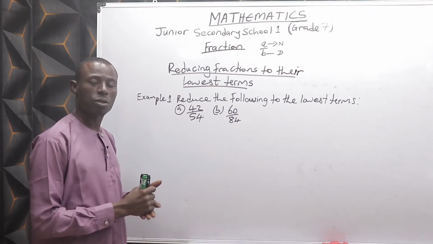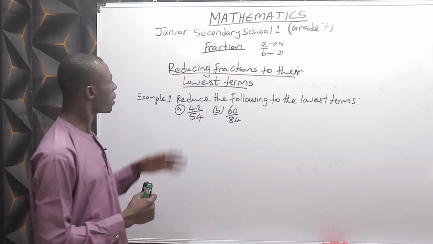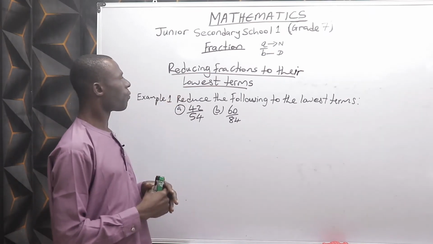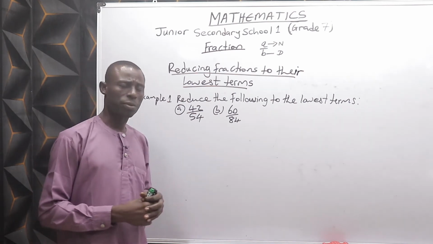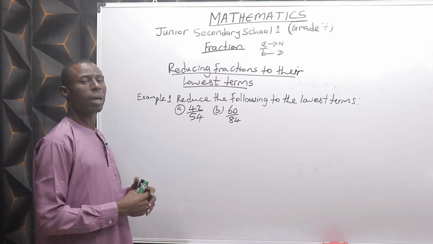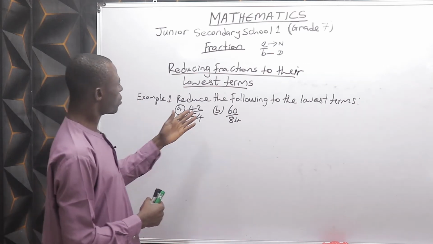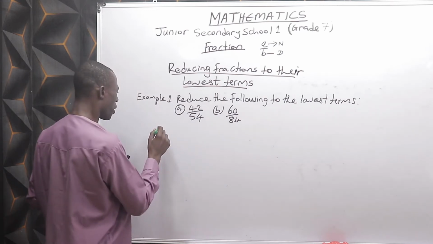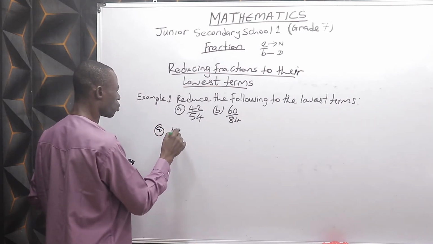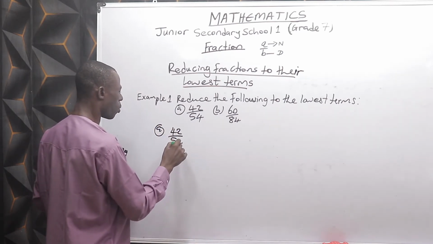The next concept in fractions is reducing fractions to their lowest terms. Example 1. Reduce the following to the lowest term. Question A. 42 over 54.